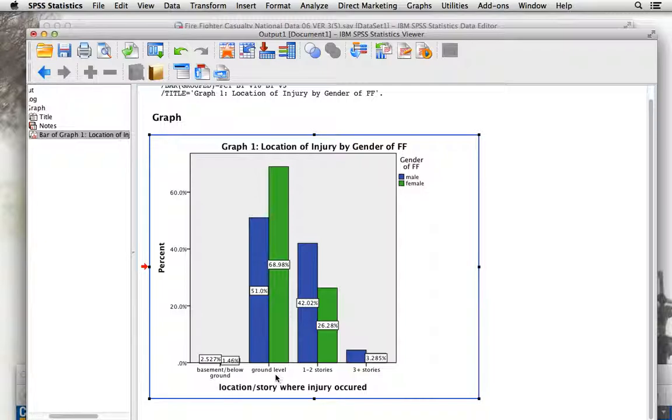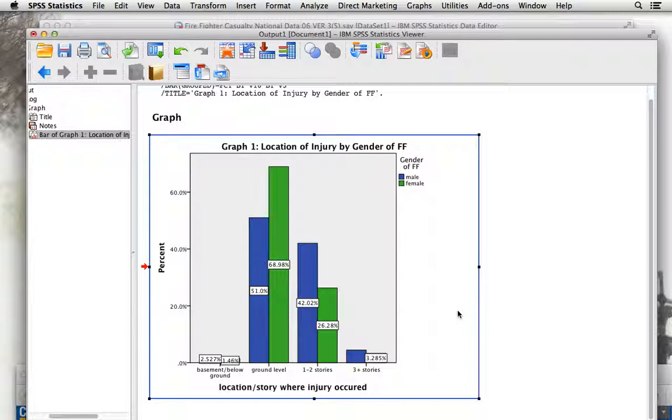So let's look at ground level. We're comparing the frequency of the percentage of firefighters who were injured on the ground floor, comparing male and female. Notice here's the code up here. Blue is for male, green is for female. So again, same exact thing when describing your results.